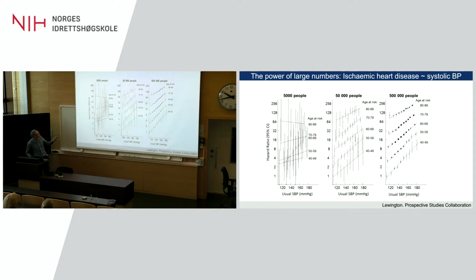So here, if you had, for example, a Framingham heart study, a sample size of about 5,000 people, it's very hard to make any sense of this particular information. But as you go up to 50,000 people, or then 500,000 people, you almost get these engineering scale diagrams, whereby you get very much clarity by having large numbers.